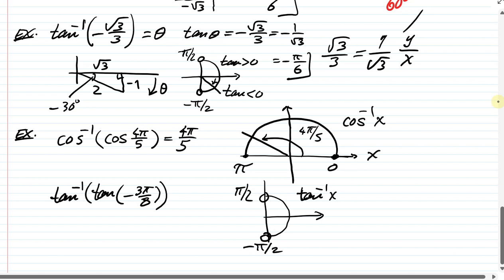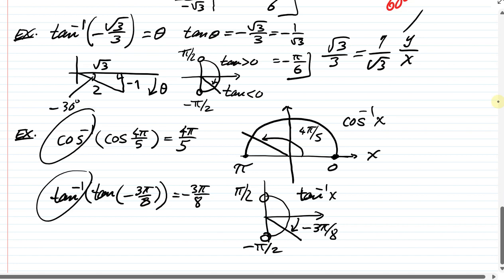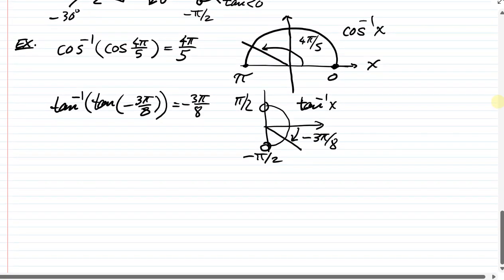Okay, and the value is negative 3 pi over 8, whatever that is. There you go. That's negative 3 pi over 8. All right. And we are well within the range of the inverse, so that's negative 3 pi over 8. Again, we have to be within the range of the outside, which means domain of the inside function. And in both cases here, we're good.